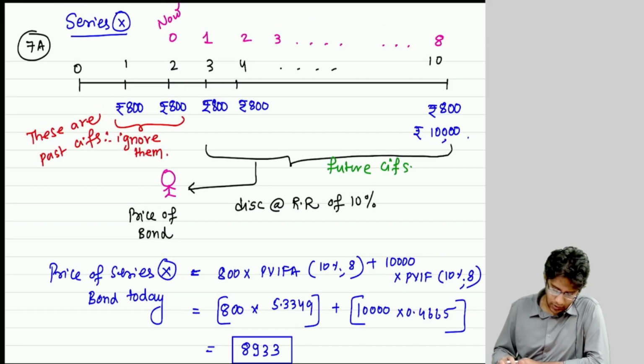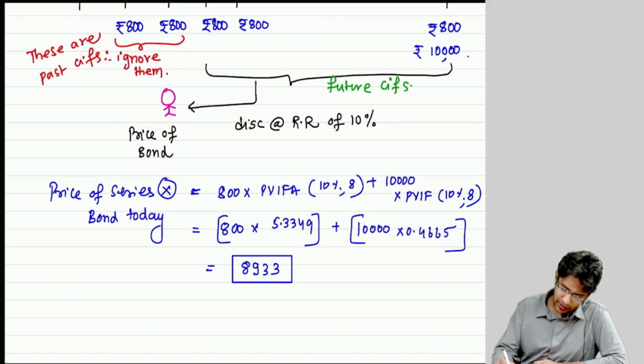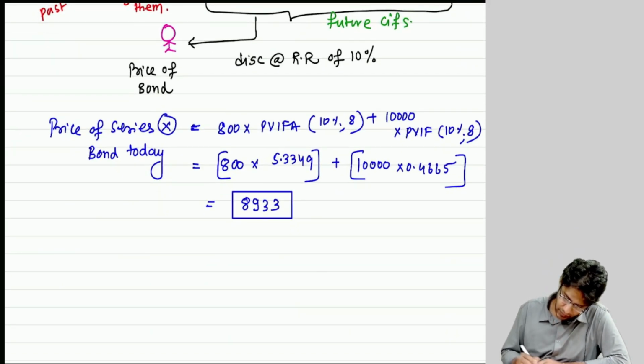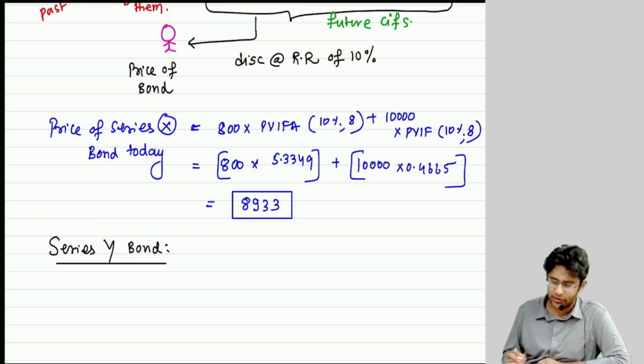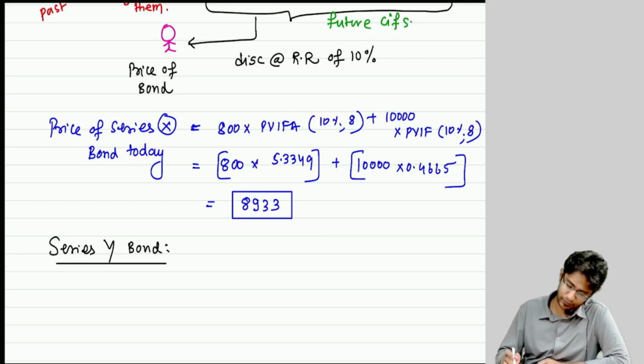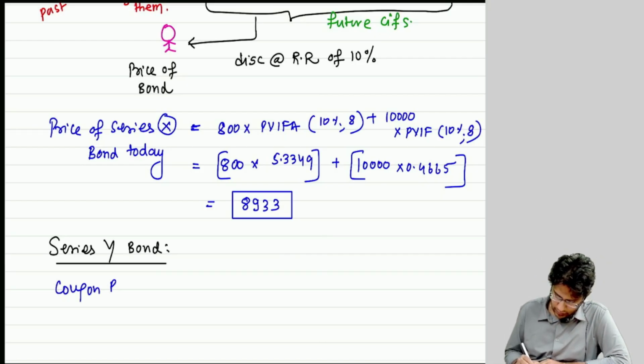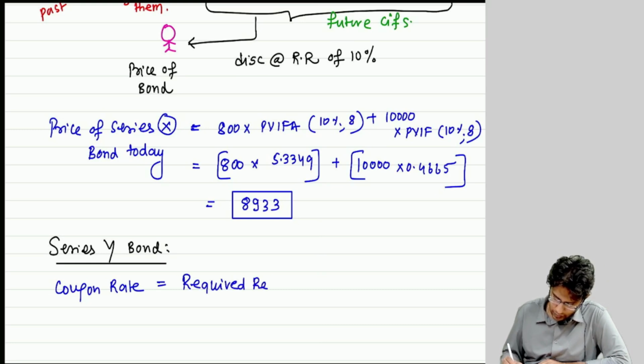That's okay. This is the Series X bond. Series Y bond next. The Series Y bond has a special feature. What is that? The coupon rate is variable and it will always be equal to the required return.